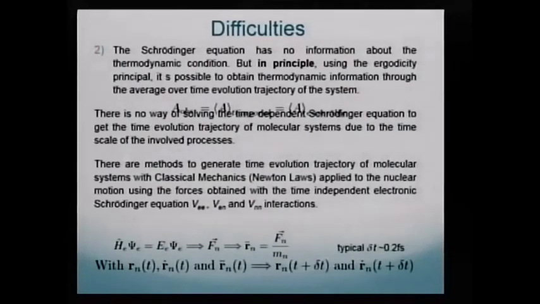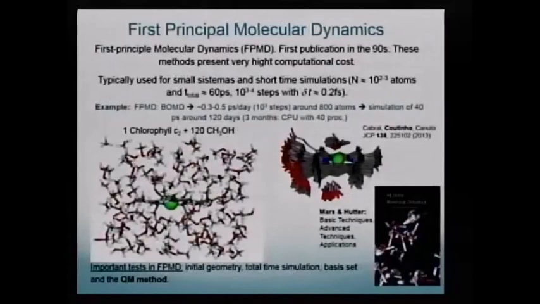And this methodology is called first principles molecular dynamics. Nowadays you have two kinds of first principles molecular dynamics. One is based on Born-Oppenheimer molecular dynamics, or Car-Parrinello molecular dynamics.